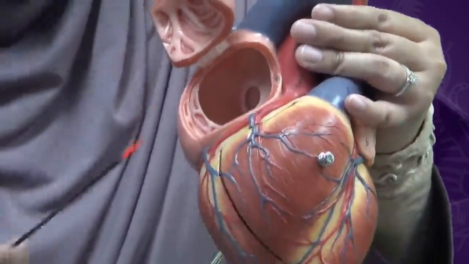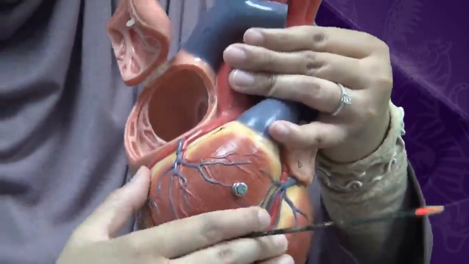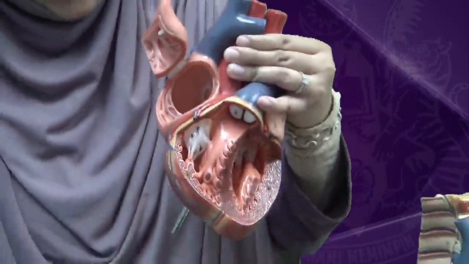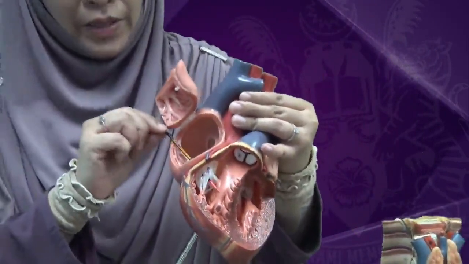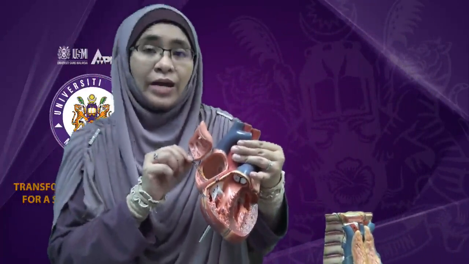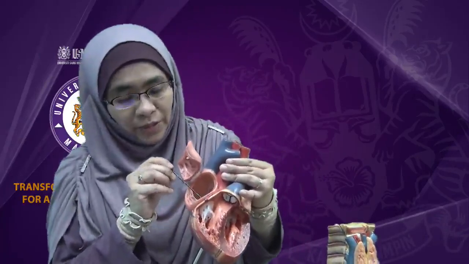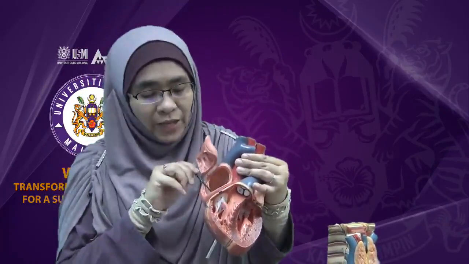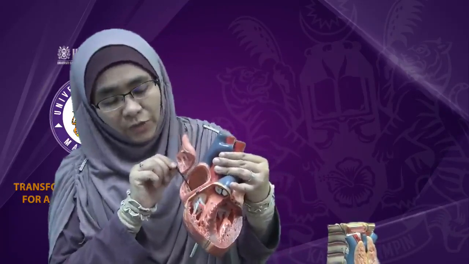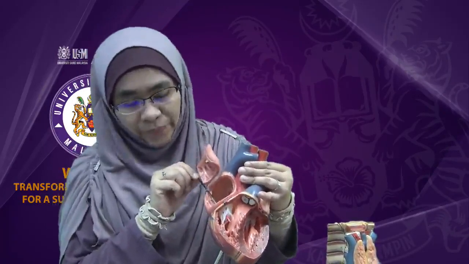And the blood flows into the right ventricle by passing through this orifice here. This is the right atrioventricular orifice, also known as the tricuspid orifice. The name follows the name of the valve, but if you say right atrioventricular orifice, it's also correct.